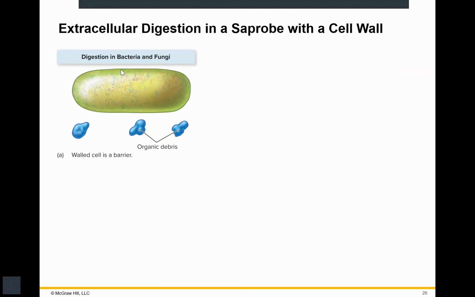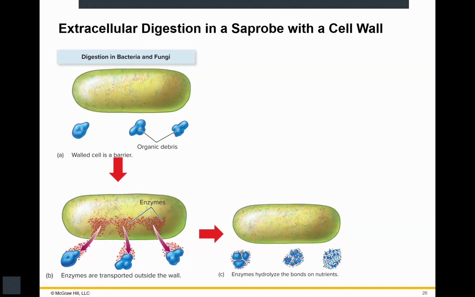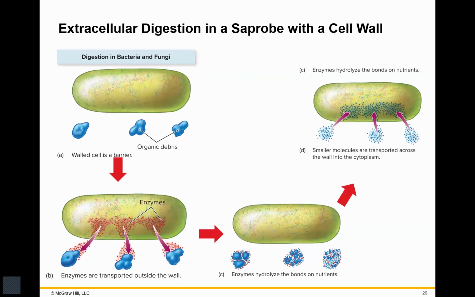So typically, if you have a bacteria or a fungi, which is a saprobe, and there's decaying organic debris, they are able to release enzymes onto this debris on the outside to digest it. And the enzymes are able to break down the nutritional component in this organic debris or waste and break down all the bonds to release the needed nutrients and molecules in them.